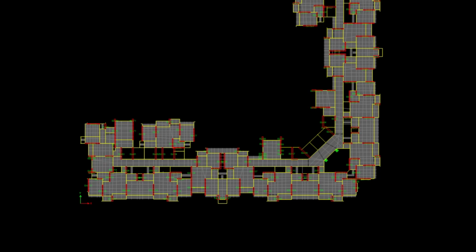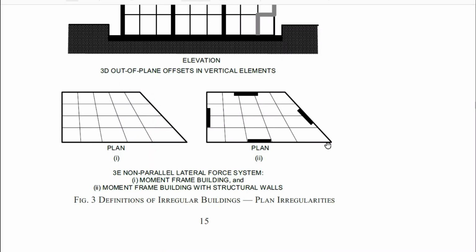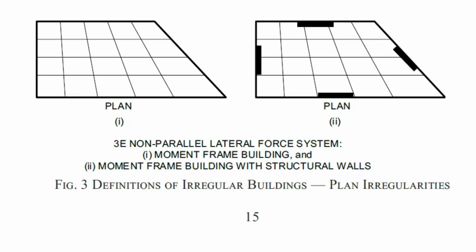In a building like that shown in the code figure, where a few frames are inclined and they are not at 45 degrees, not even oriented along 45 degrees plus or minus 5-10 degrees, the 30% rule is the best rule.